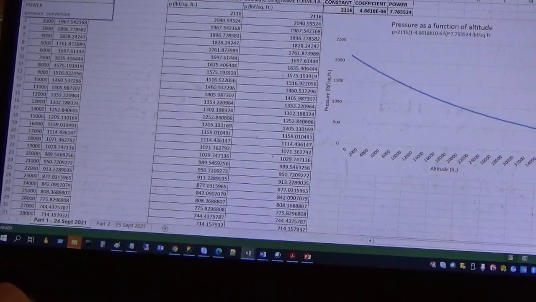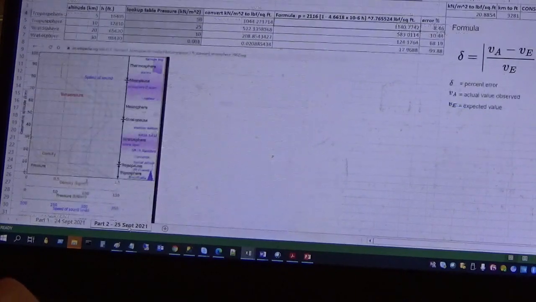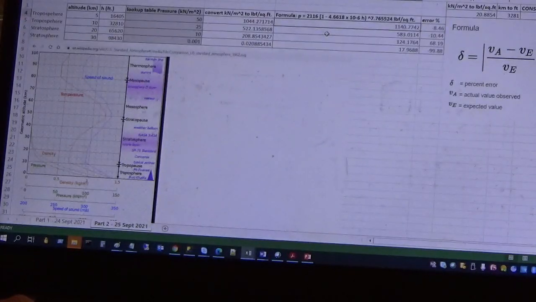The coefficient is the 4.6618 times 10 to the minus 6. And the power is 7.765524. And those were all the values that we used in our last assignment. So now I can calculate the expected value for the pressure at each of these different altitudes.